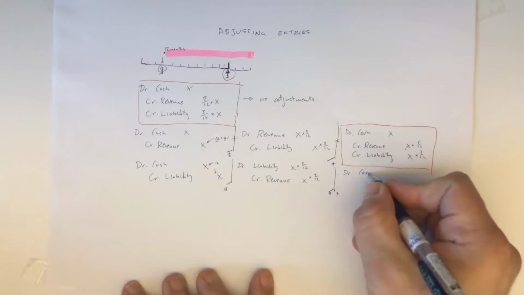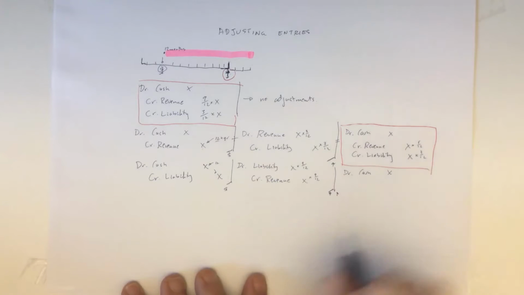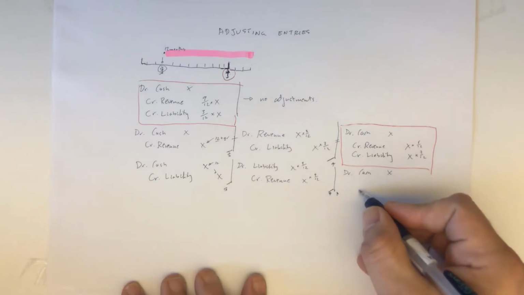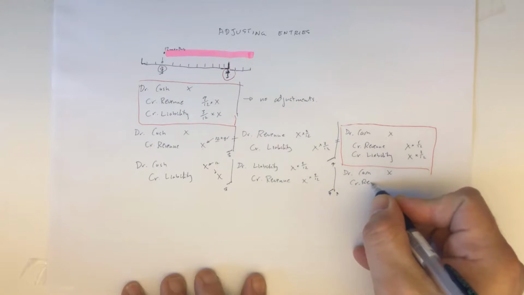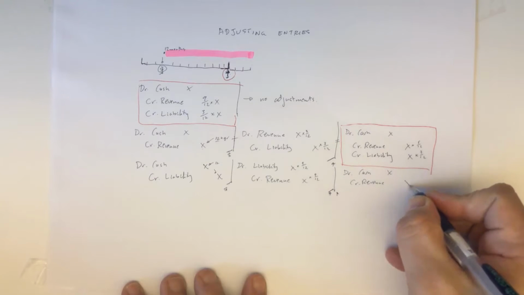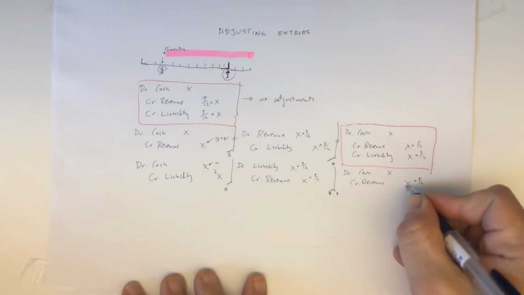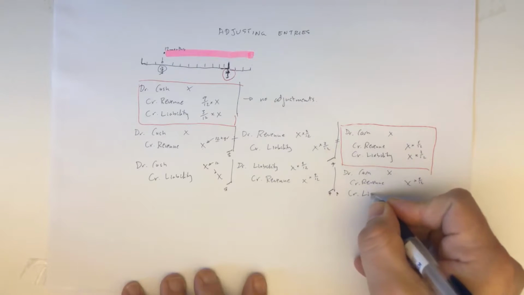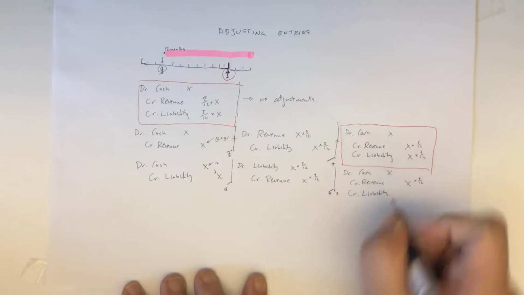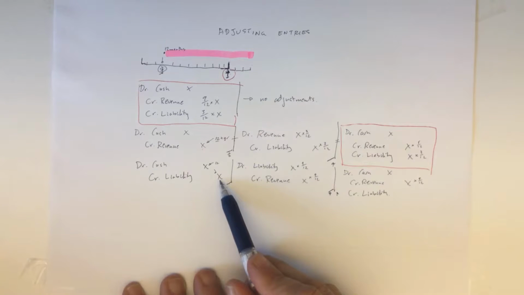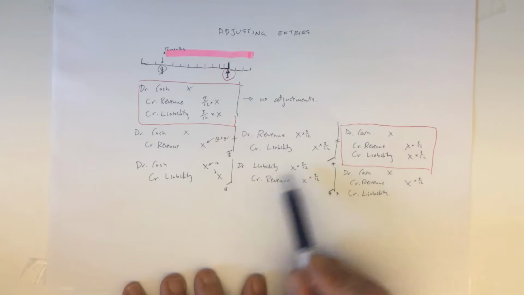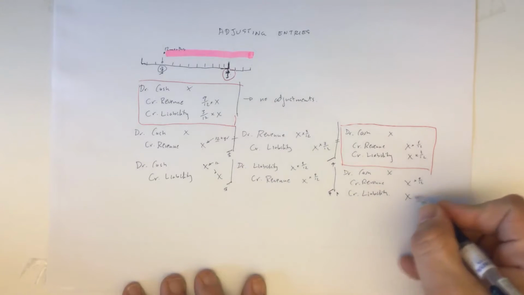Debit cash, that's X. Credit revenue, that's X times 9/12. And credit liability, now I'm adding across, credit X, that's 12/12, debit 9/12, so it's 3/12 left.